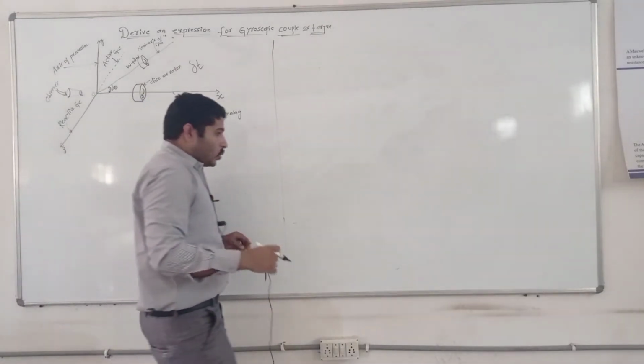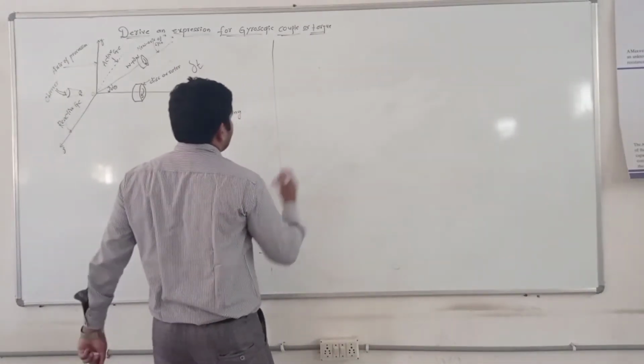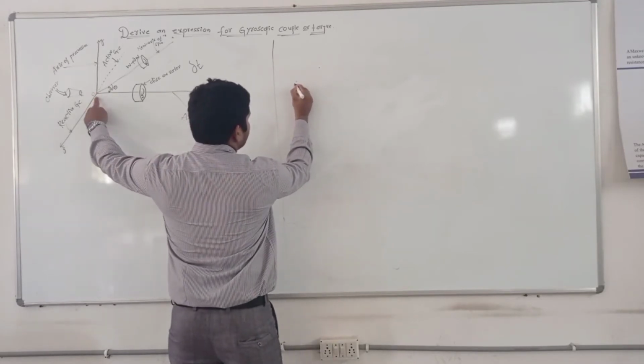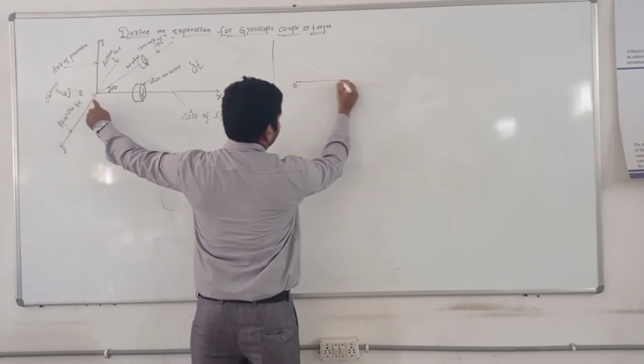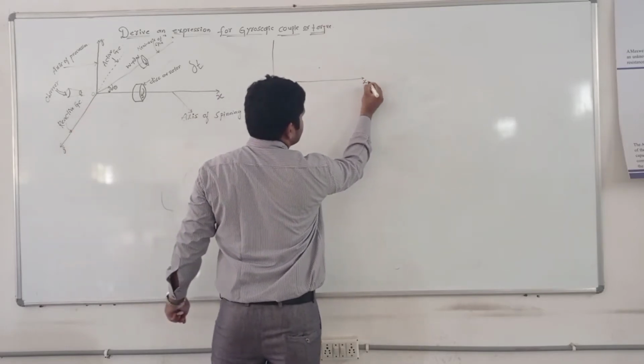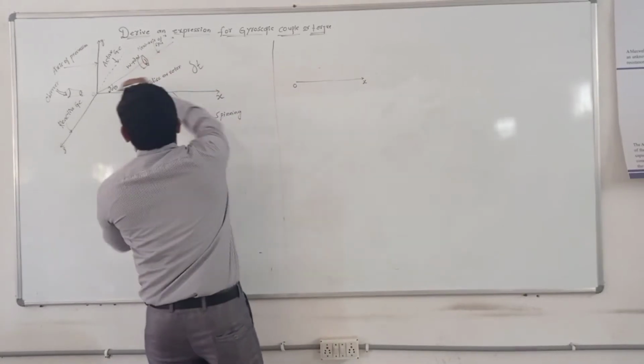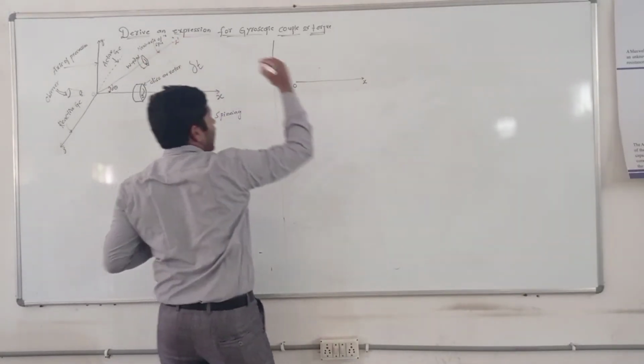Again, this figure we need to represent by a vector diagram. Let us see how to represent. The origin point is O. The axis is X, and the new axis of spin is X dash.